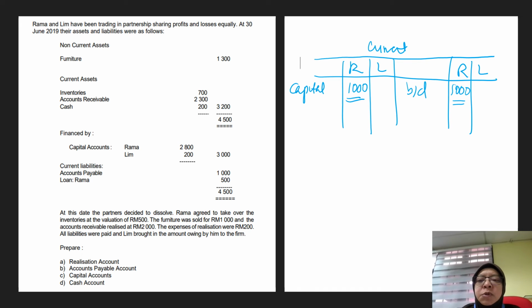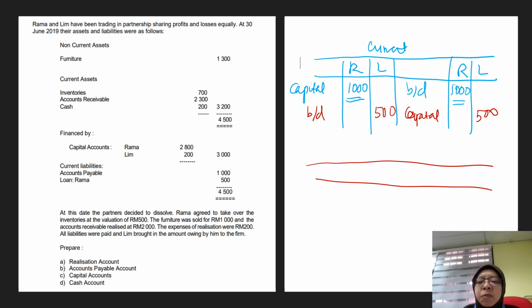Okay, the same goes for Lim. Suppose Lim's opening balance is abnormal on the debit side, so he will also be transferred to the capital account, but to the credit side in the current account, and later on the capital will be debited.